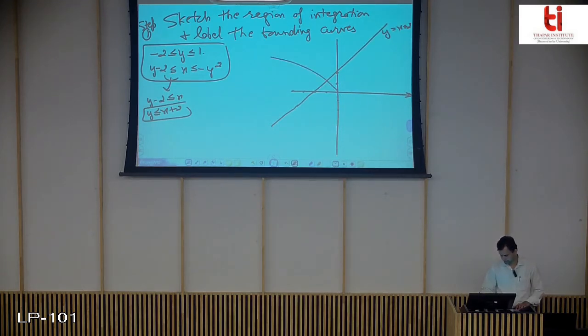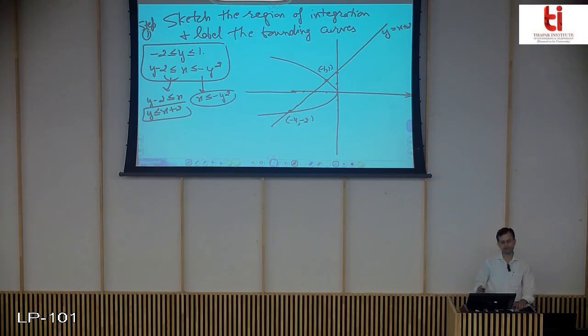And then you have the parabola. This is minus 2, minus 4, minus 2, minus 1, 1. So this is the parabola, x less than or equal to minus y square.